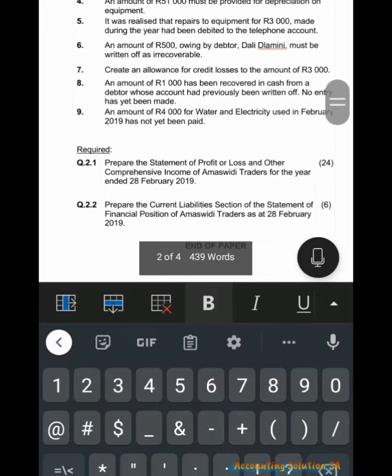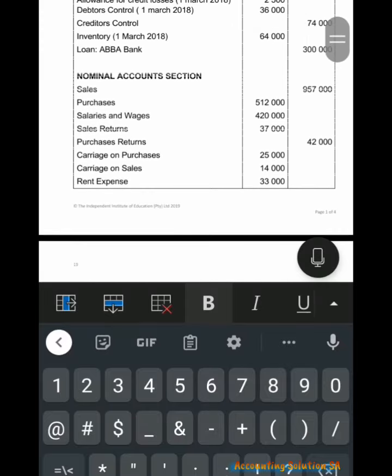Then we check if we have any carriage on purchase and returns.